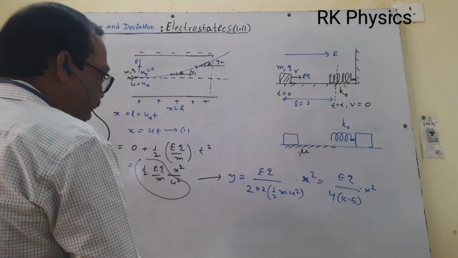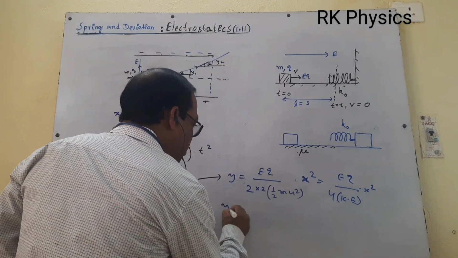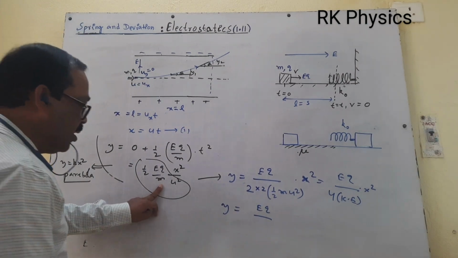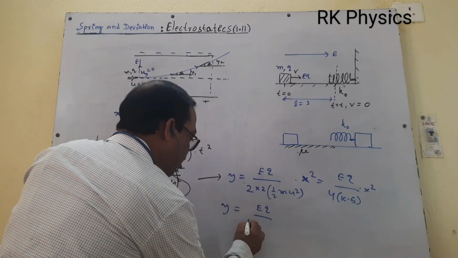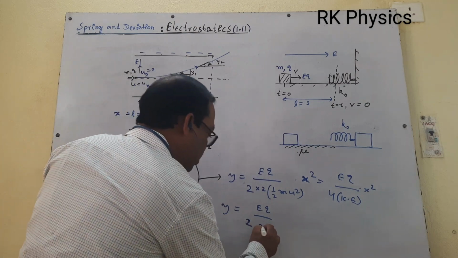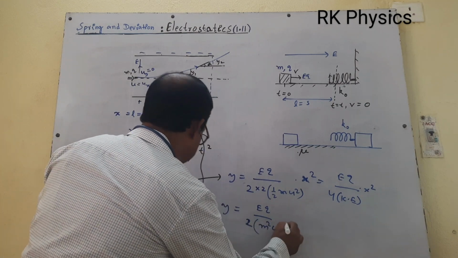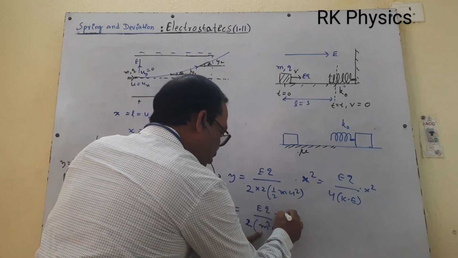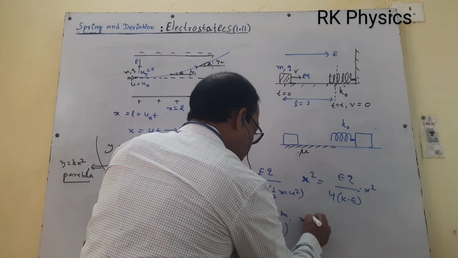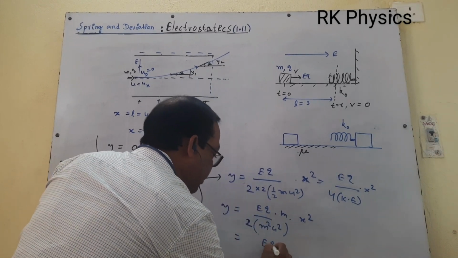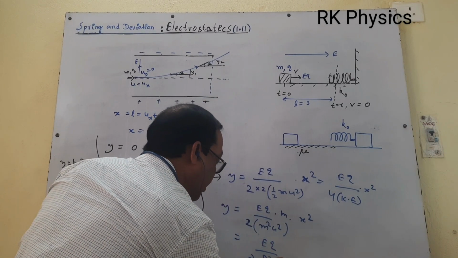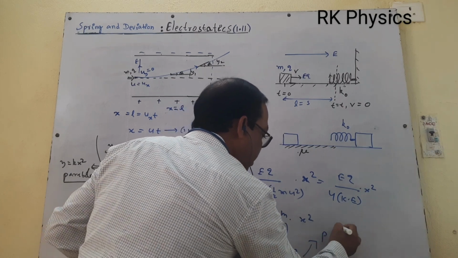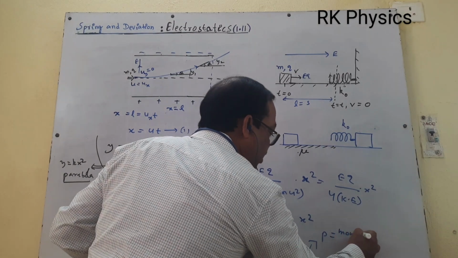Now another form you can write: y equals eq, the same equation, divided by 2 m square u square, which I write as eq divided by 2 p square m into x square. What is p? p is your linear momentum.